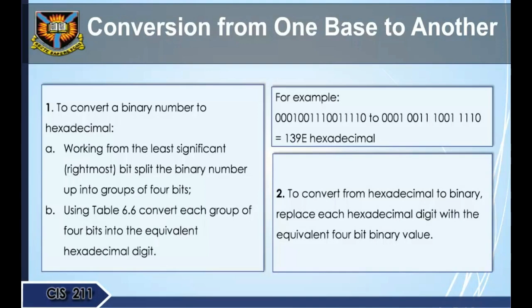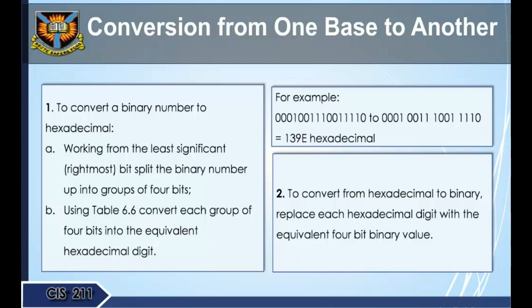1. To convert a binary number to hexadecimal, A. Working from the least significant rightmost bit, split the binary number up into groups of 4 bits. B. Using table 6.6, convert each group of 4 bits into the equivalent hexadecimal digit.